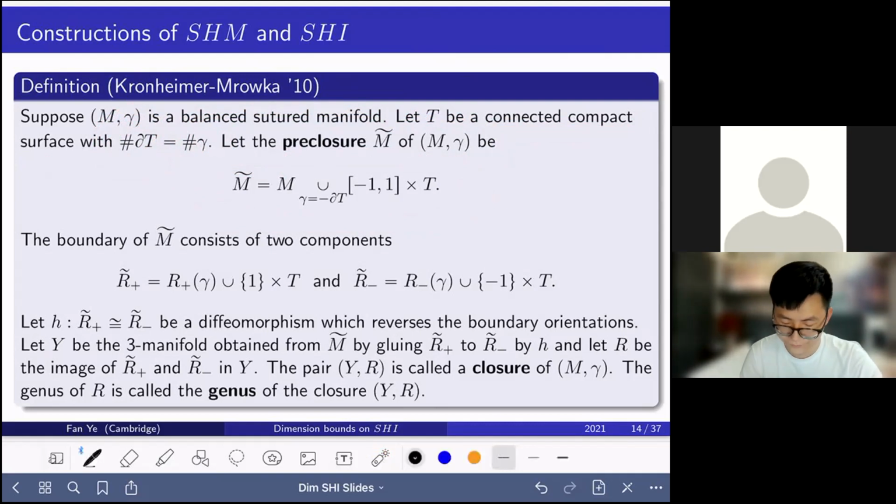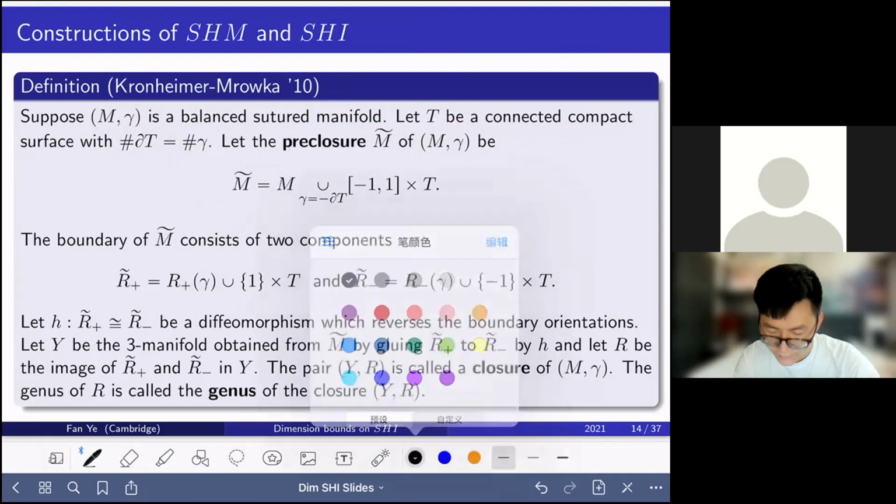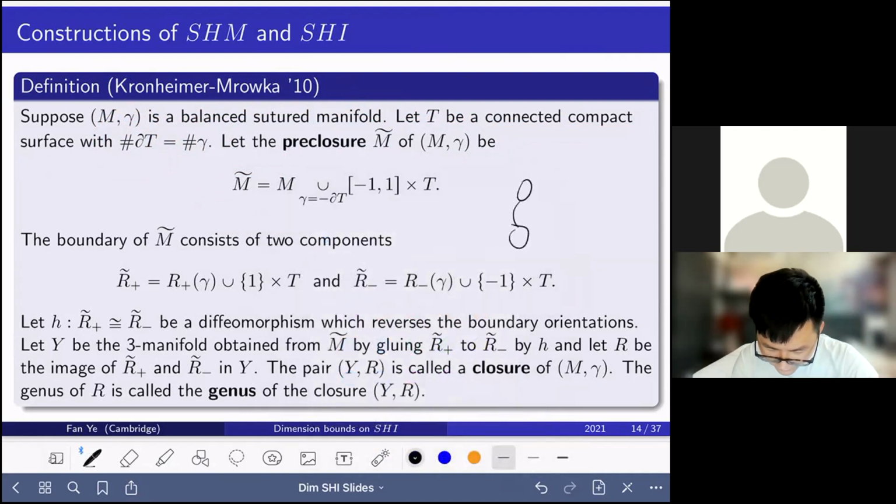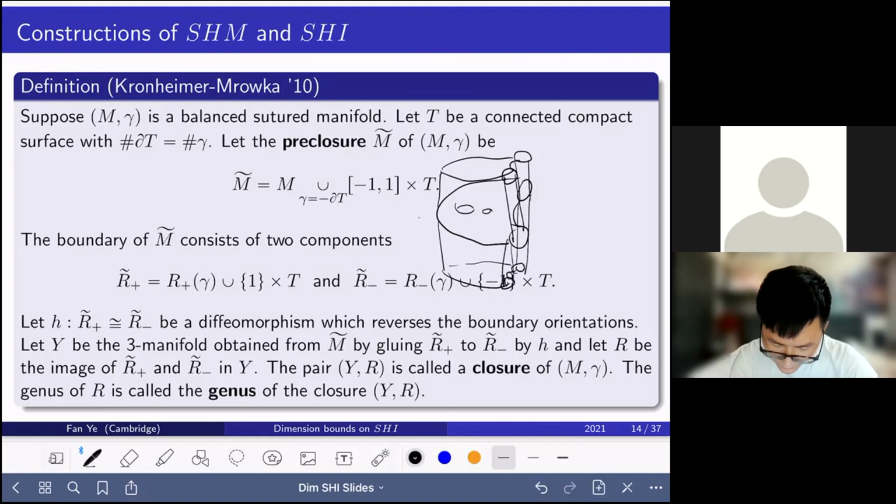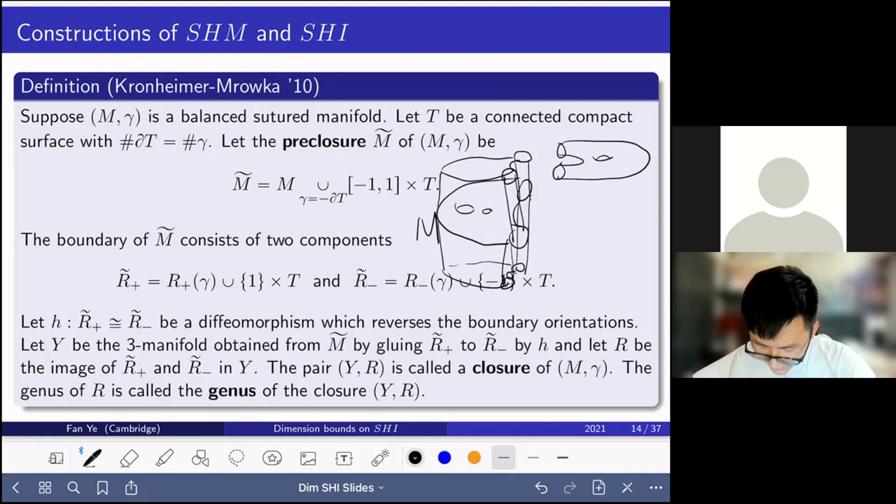So maybe we can draw a diagram. Remember this is our original balanced sutured manifold M, and then we take a surface T, which may have many genus, and take its product with I, like this.